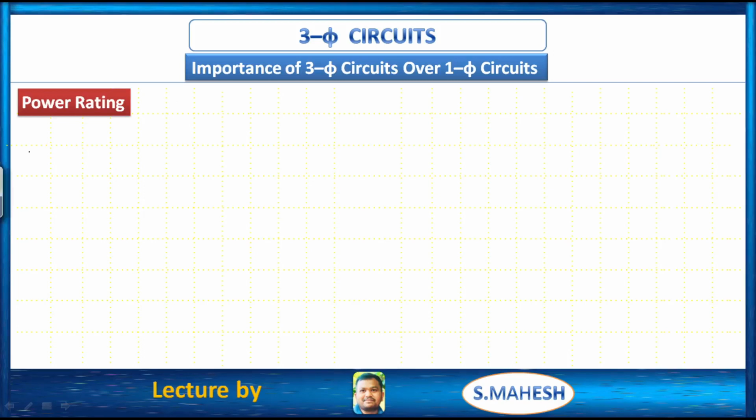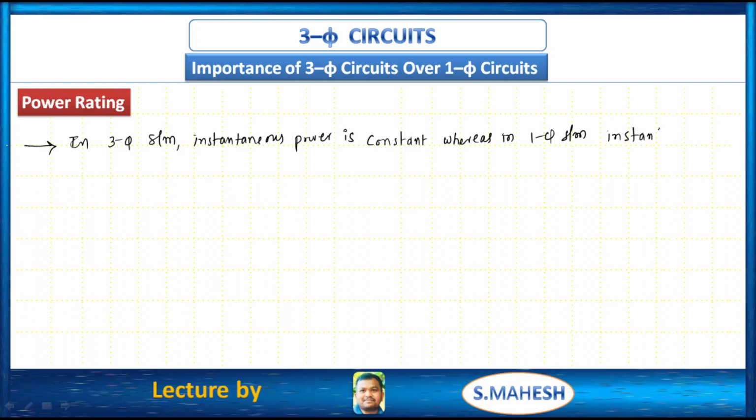Before that, first we have to write: in a three phase system, instantaneous power is constant, whereas in a single phase system instantaneous power oscillates at twice the supply frequency, right?